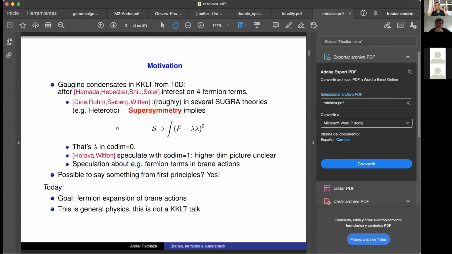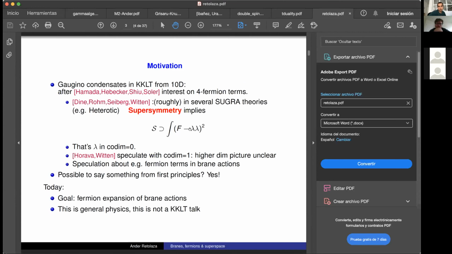So why do I want to understand this thing? The perfect square comes from the following fact. It's an observation that goes back to a paper by Dine, Rohm, Seiberg, and Witten. It tells you that if you have any supergravity theory with gauginos that can form a gaugino condensate, there's going to be this sort of perfect square structure in the action.